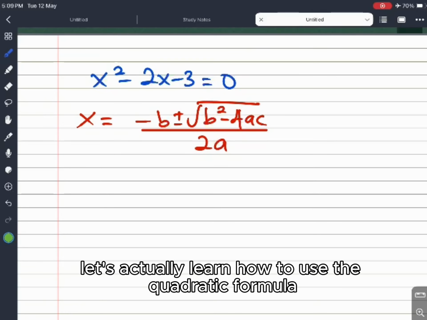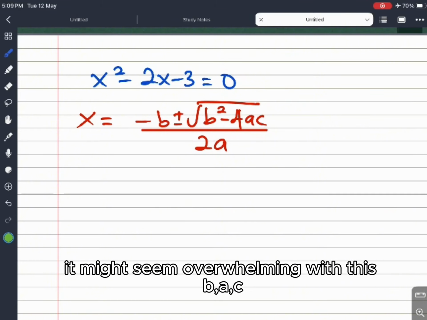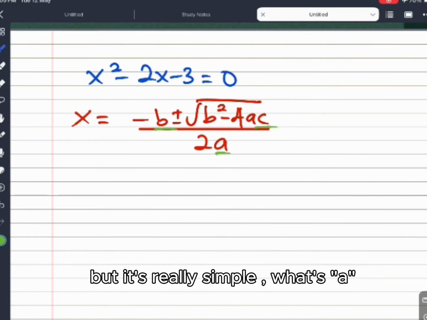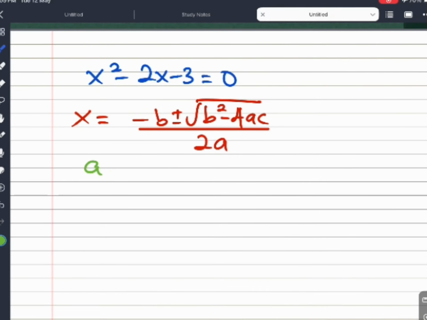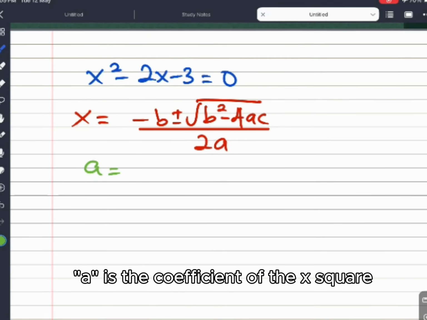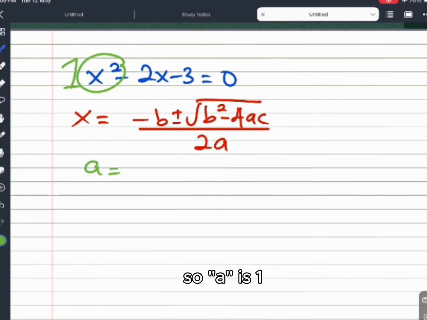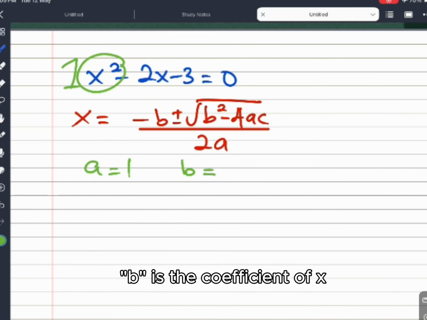Now, let's actually learn how to use the quadratic formula. It might seem overwhelming with this a, b, c, but it's really simple. What's a? a is the coefficient of the x squared. In front of the x squared, we just have the number 1. So a is 1. b is the coefficient of x.